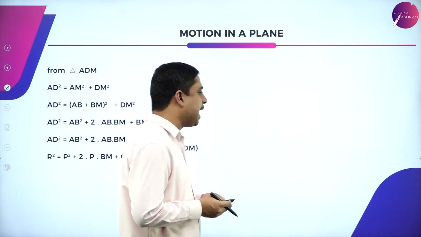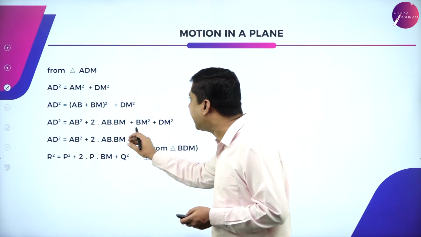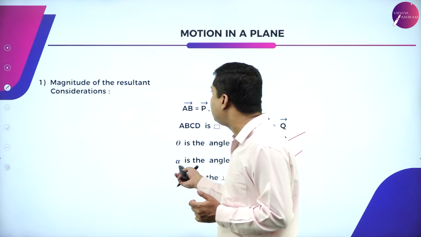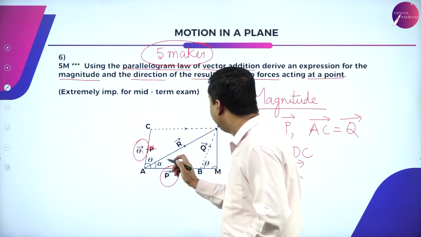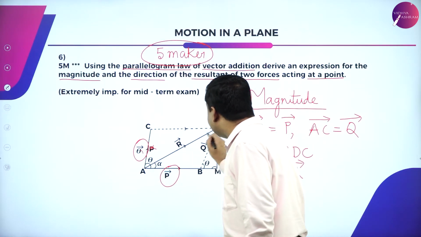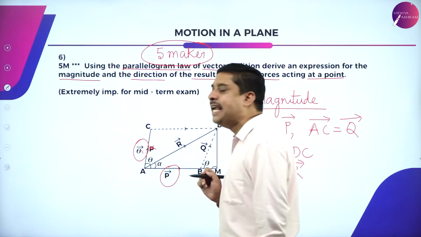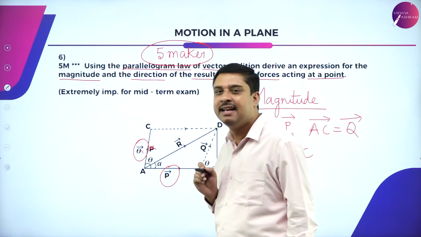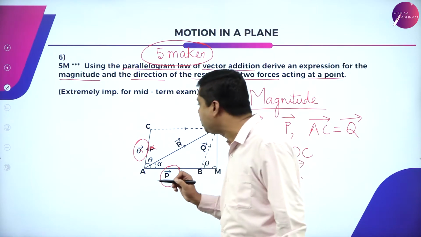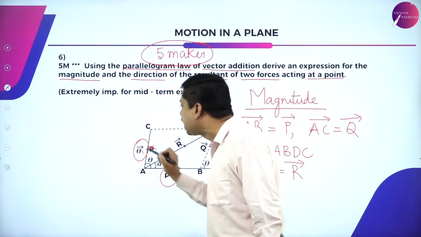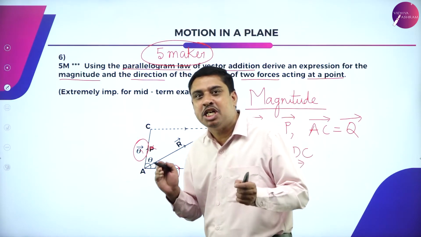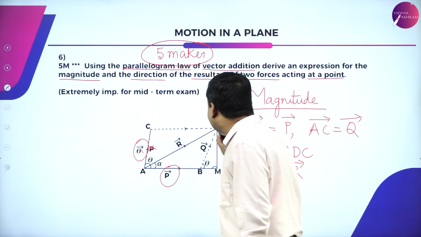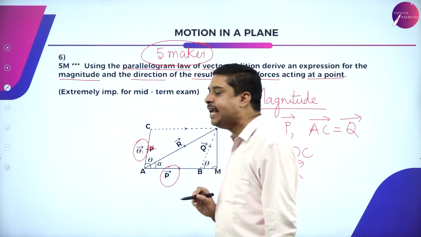Now going to the mathematical derivation here. So if I observe, I want this diagonal AD, that is the resultant. AD is the resultant of P and Q. So my entire show here is to calculate the resultant AD.